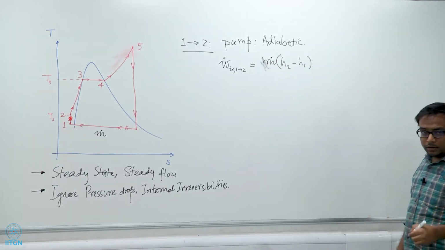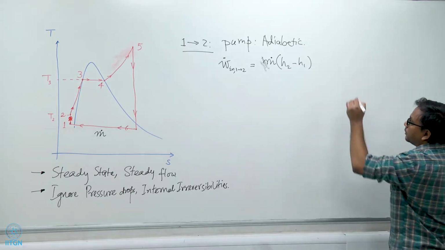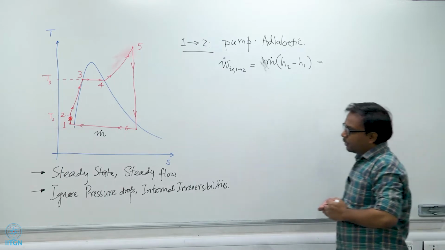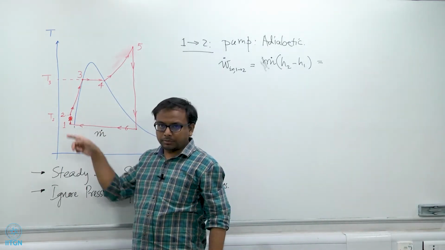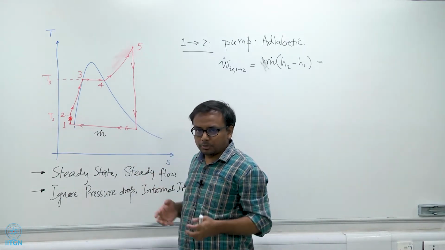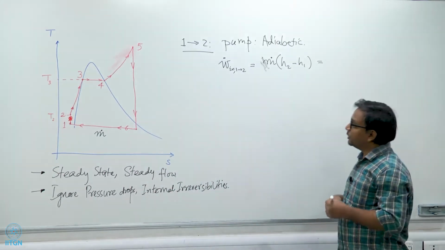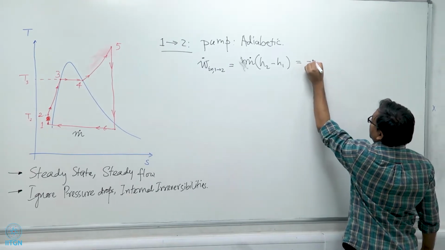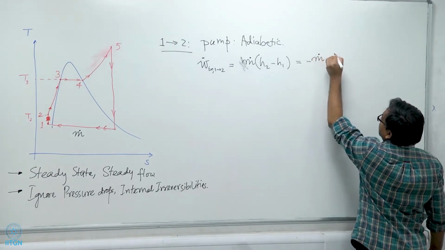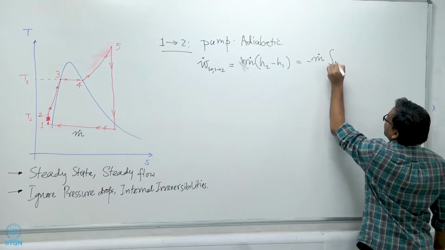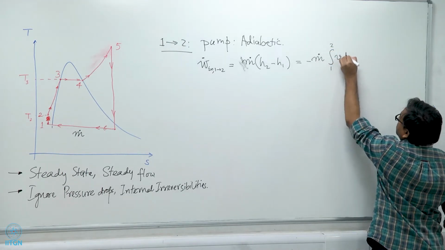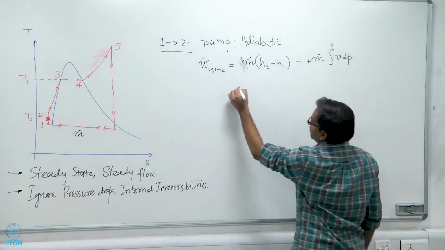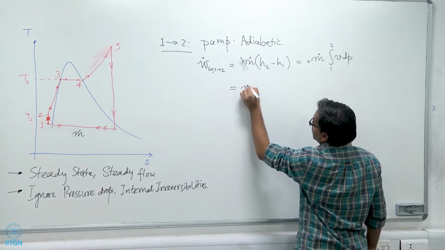This is something that you can very easily find out. Also, if you assume that the water is incompressible, that means if you assume that the specific volume of water is not changing with pressure, then we can actually evaluate this work done using the relation m dot integral 1 to 2 V dp, with a plus sign here.